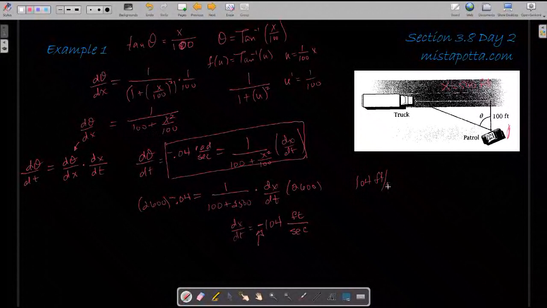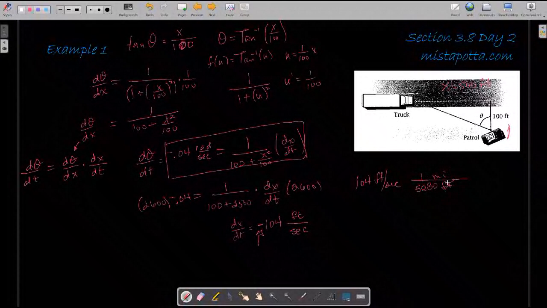feet per second. Now, 104 feet per second, that doesn't make much sense to us. We're used to talking about how fast vehicles travel in terms of miles per hour. So I know that if I want to do some dimensional analysis here, I can get rid of feet because I know that there's 5,280 feet for every 1 mile.